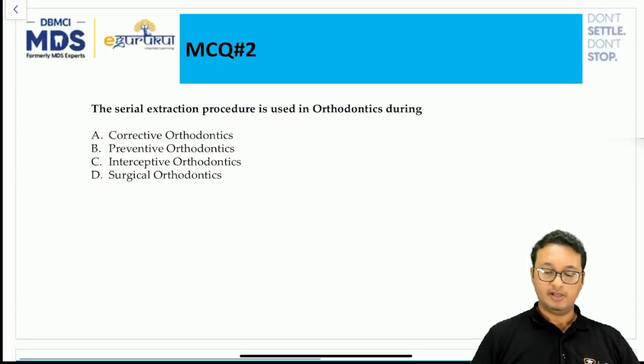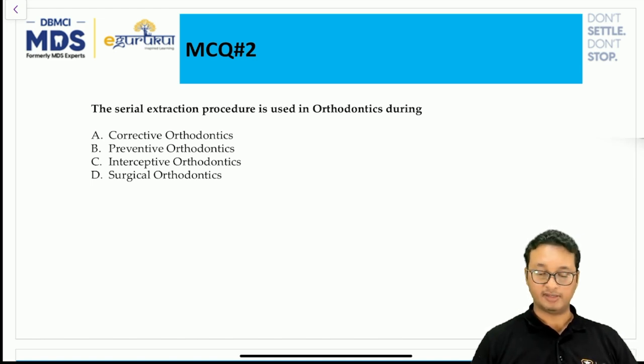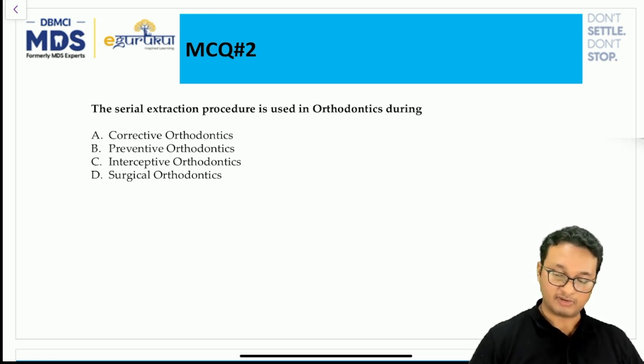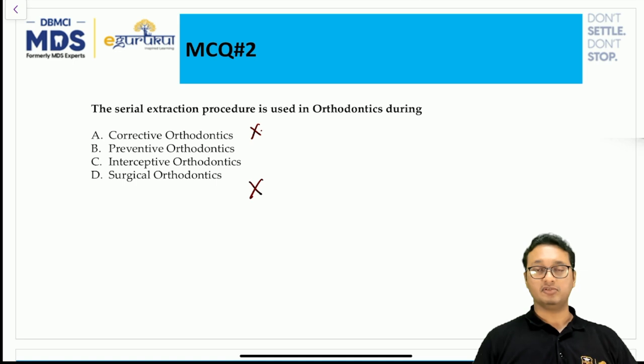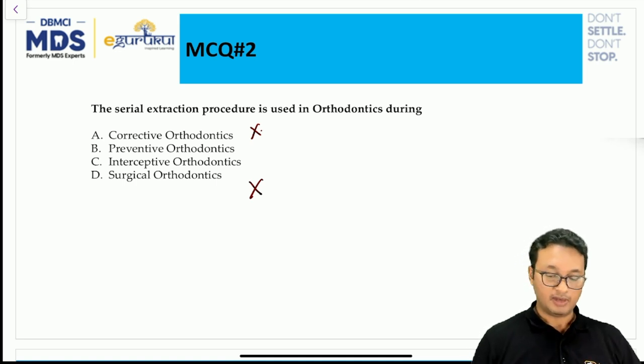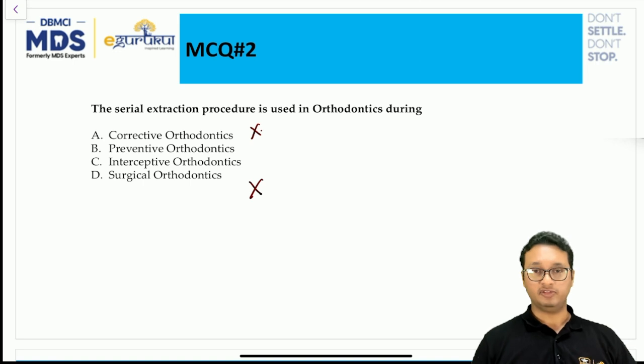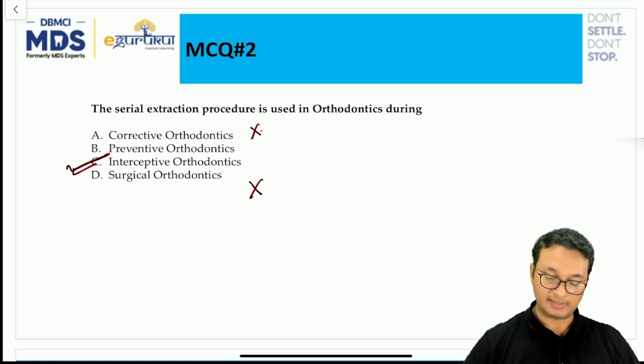Next question. The serial extraction procedure is used in orthodontics during corrective orthodontics, preventive orthodontics, interceptive orthodontics, or surgical orthodontics. Well, serial extraction, we know it is not a surgical one. It is not a corrective one. So the confusion lies between preventive and interceptive orthodontics. The correct answer for this question should be interceptive orthodontics.